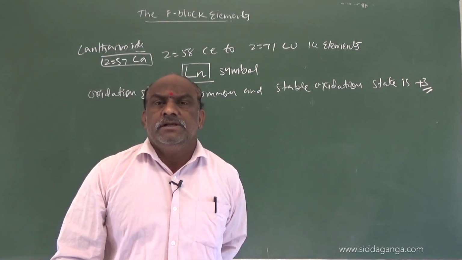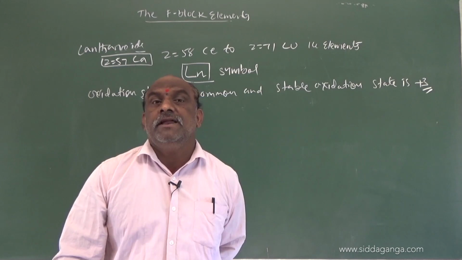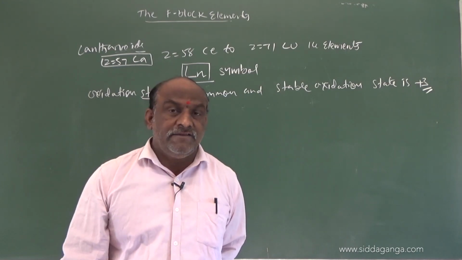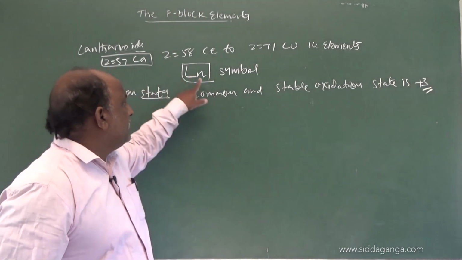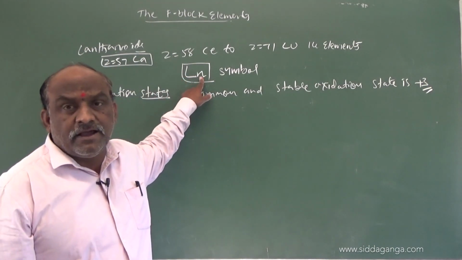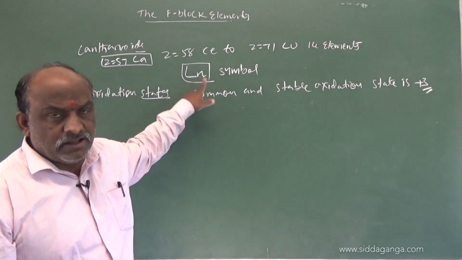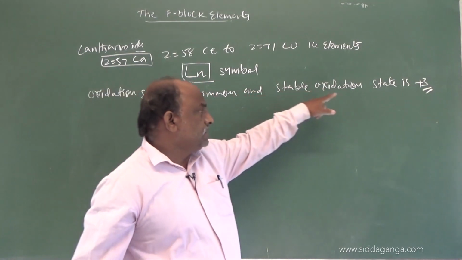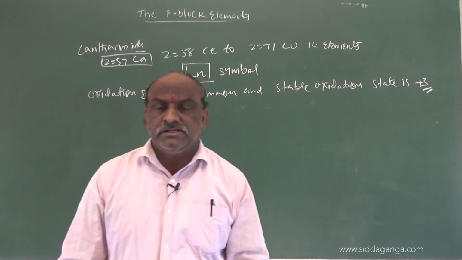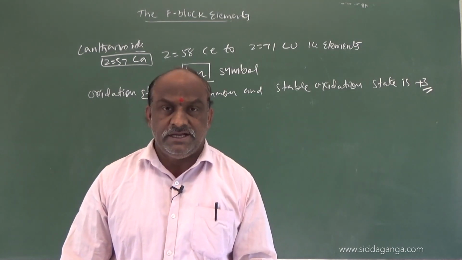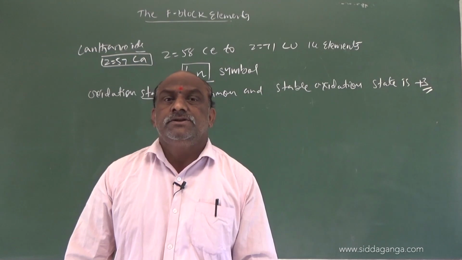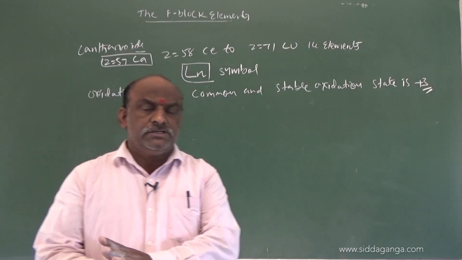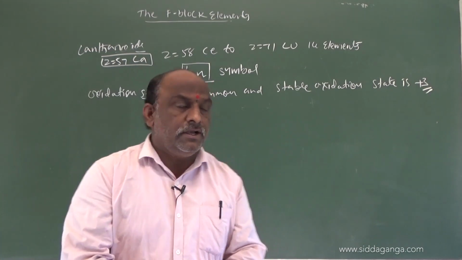Lanthanides are stable as trivalent ions, trivalent lanthanide ions. So Ln3+ is stable. What is Ln? Ln stands for lanthanides. Lanthanides are stabilized by the +3 oxidation state. According to the oxidation states, we have to discuss some points. Let us consider cerium.